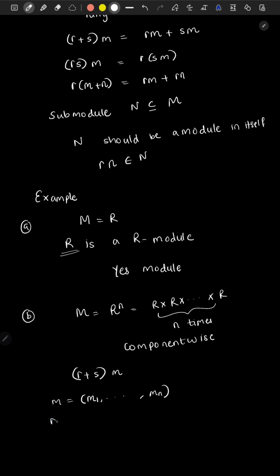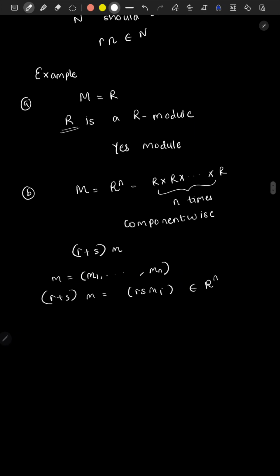So (r + s)m equals (r + s)mi in each component, and this again belongs to R^n. So all these properties are very easy to verify and hold true. So even this is a module.